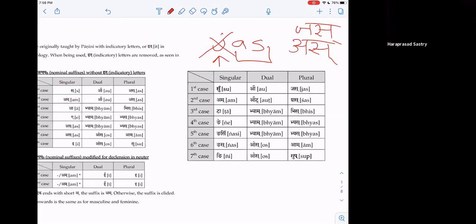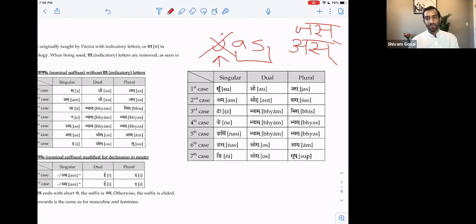And the second question, so the sup pratyayaha, is it not applicable to all the three lingas in the same way?